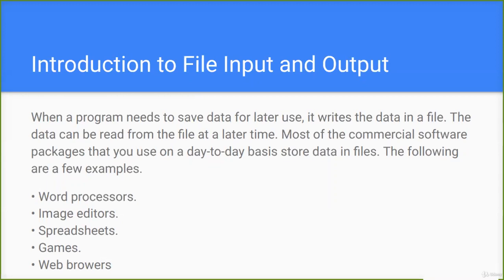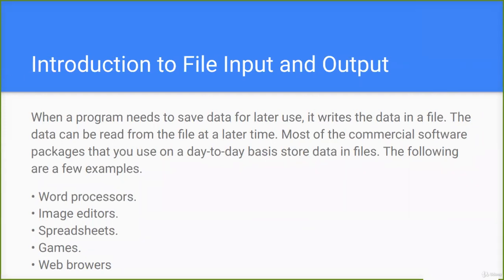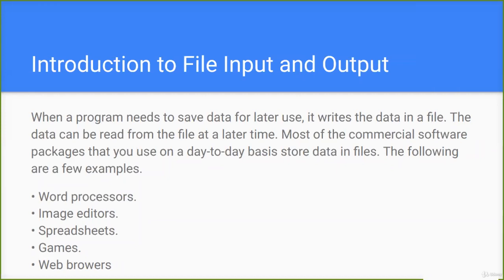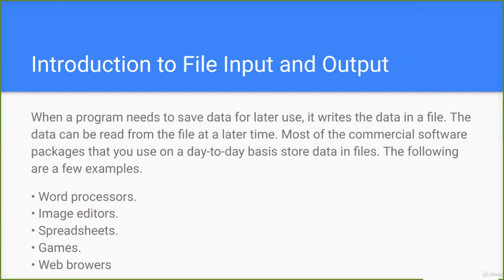For example, let's say you have collected the temperature details of your room, and you want to save this temperature data in an Excel sheet, and you want to refer to it after 1 month. So how can you do that? You have to open up a file using Python. You have to write data into the file, then close the file, and then refer to it once again.